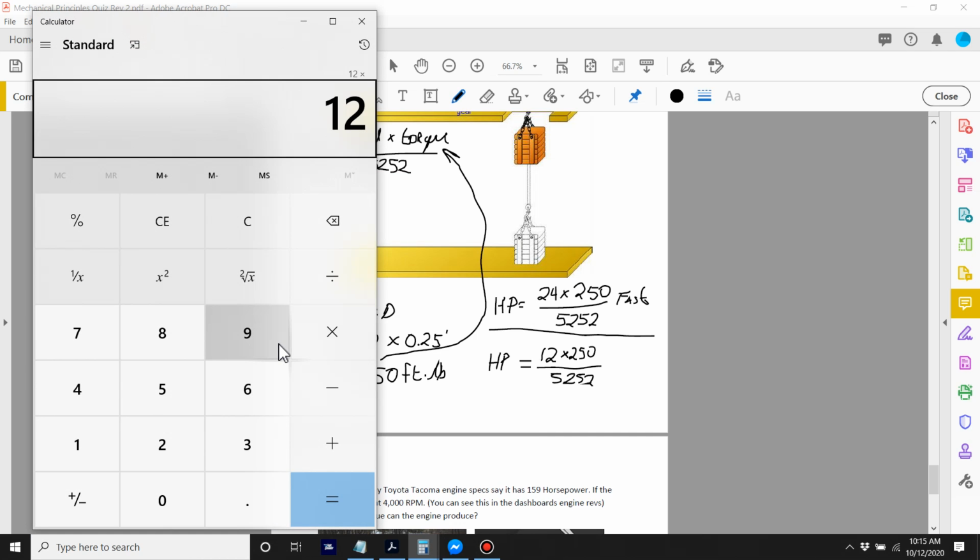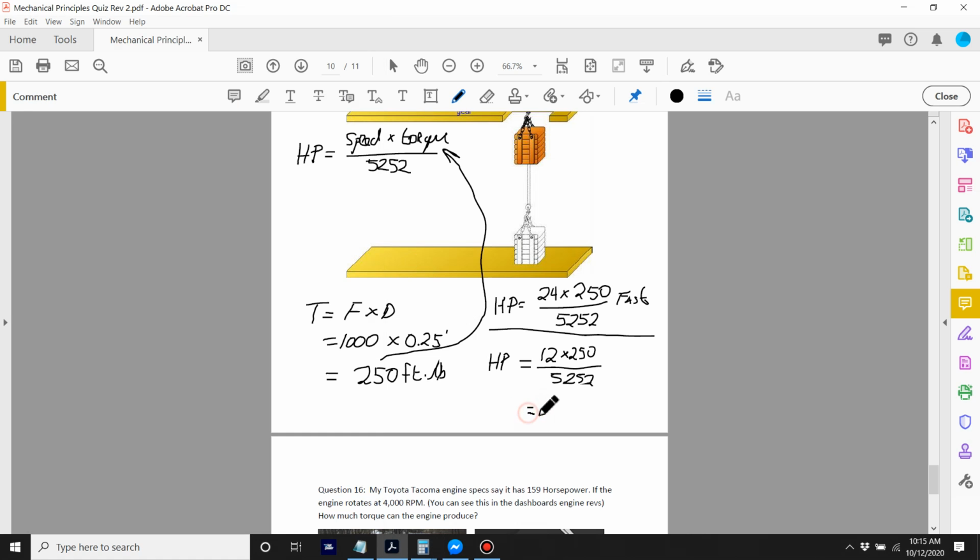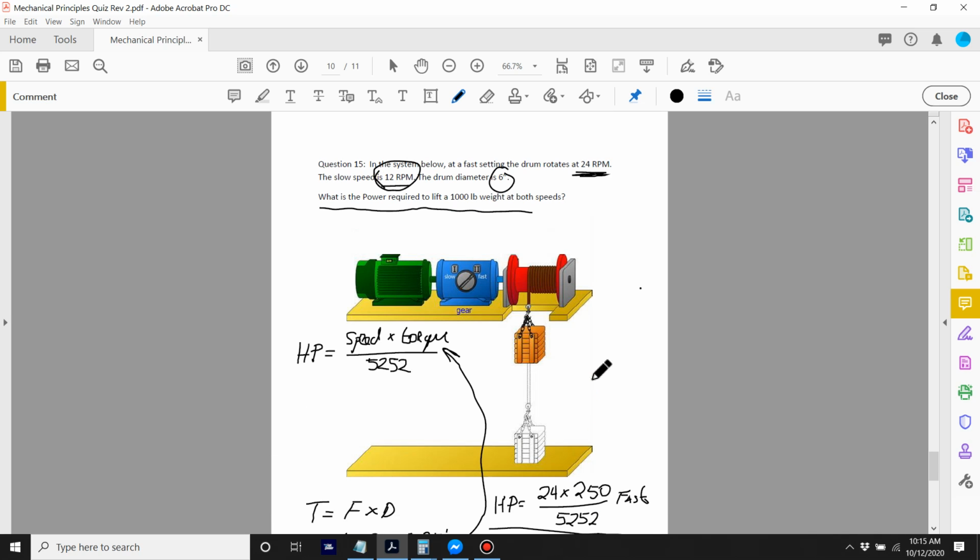12 times 250 divided by 52, 52 is equal to 0.57 horsepower. Hopefully that doesn't shock you. Whenever we're running something slowly or at a lower speed, you have less of a power requirement.